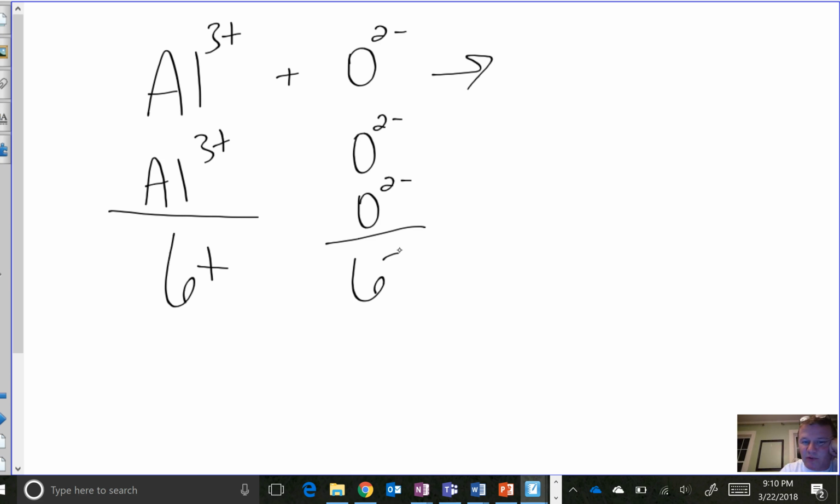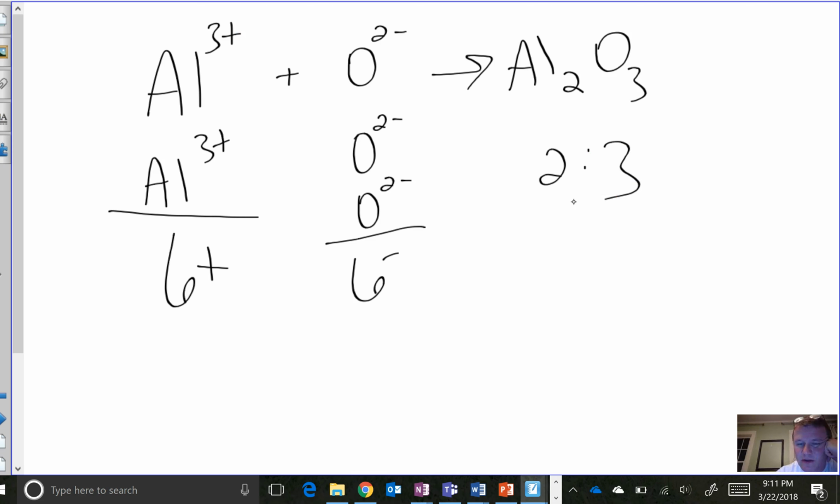So in this case, when aluminum and oxide react, it's going to take 2 atoms of aluminum and 3 ions, rather, of oxide in order to reach an electrically neutral relationship. So this has to be a 2-to-3 ratio.